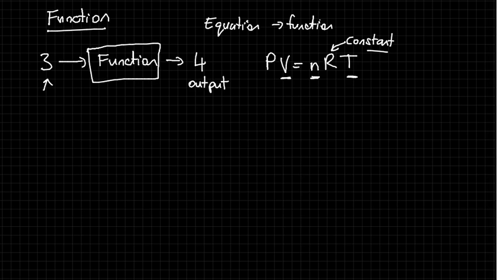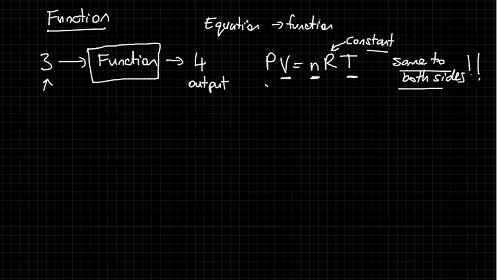So the first thing we learn about algebra is that if you want to rearrange an equation and move something to another side, you have to do the same thing to both sides. Very important, most important rule of algebra. So let's say I want to move the V onto the right hand side.